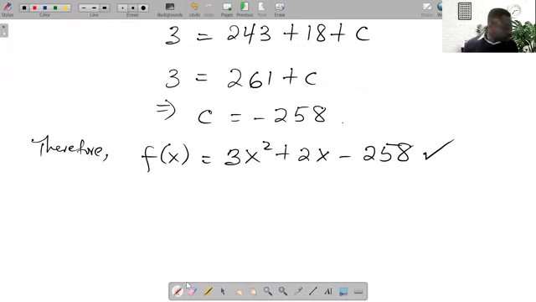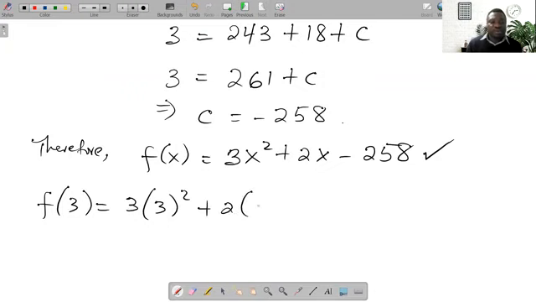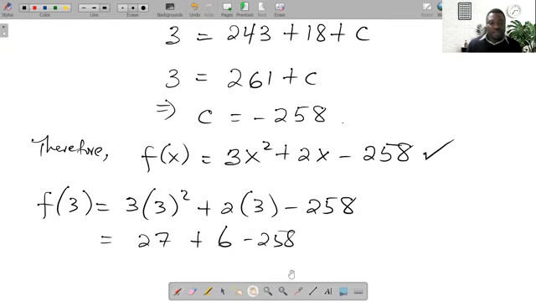Then the question says that we should now find f of 3. So now f of 3 will be 3 into 3 squared plus 2 into 3 minus 258. And this will be 9, 3 times 9 is 27, that will be 6, minus 258.